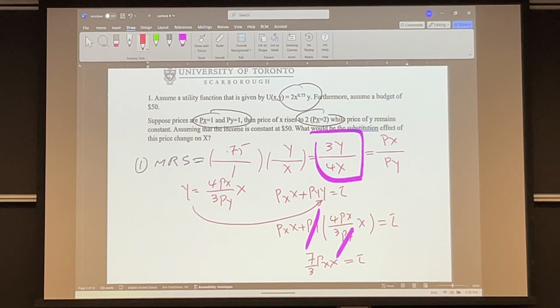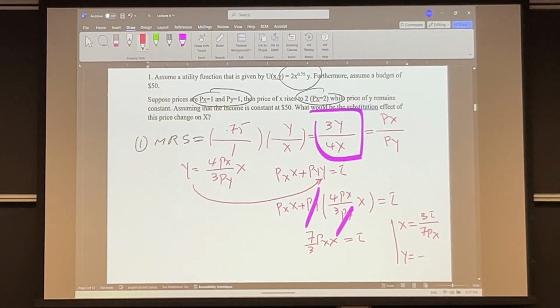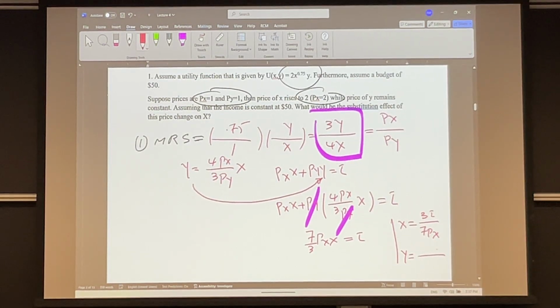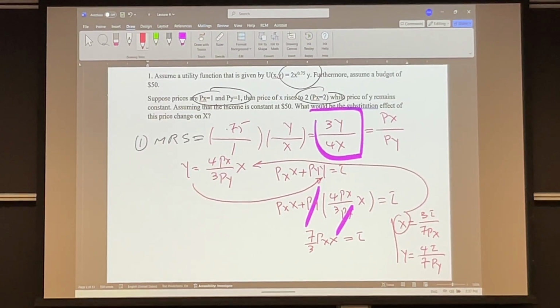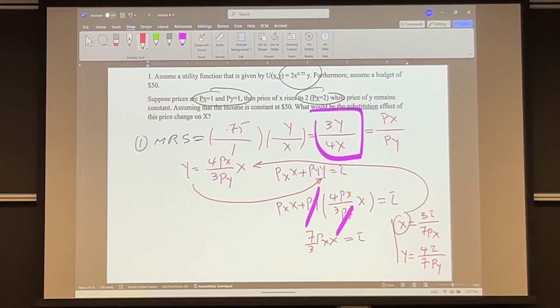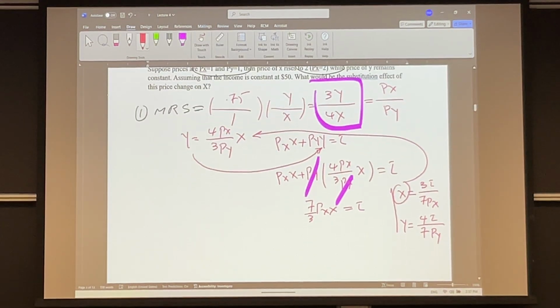So what's the demand for X? 3I over 7PX. What's the demand for Y? There was a shortcut for it, right? I over PY, what's the multiple? 4 over 7. For Cobb-Douglas, the multiples will add up. Again, if you don't want to memorize it, just substitute this there. It will give you the same thing. Okay, what's the initial bundle?